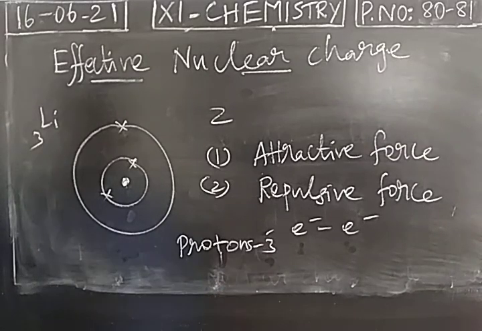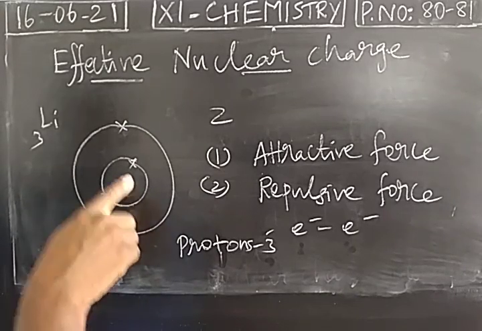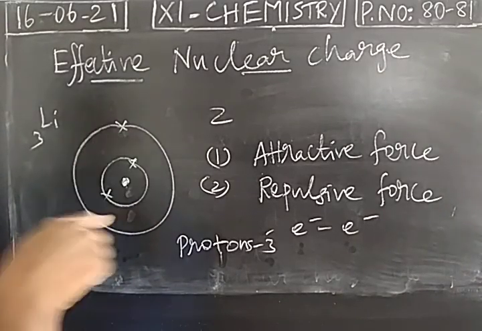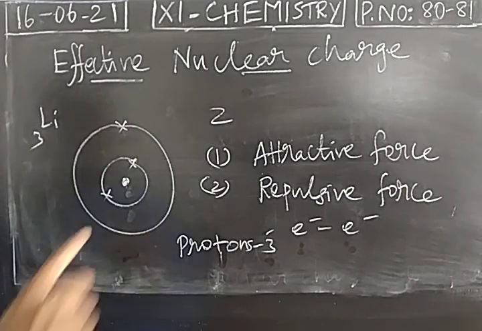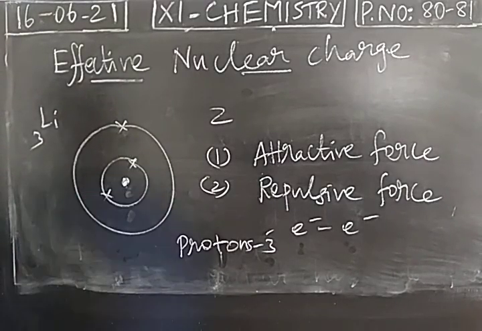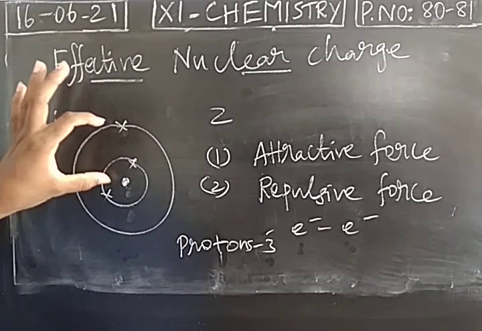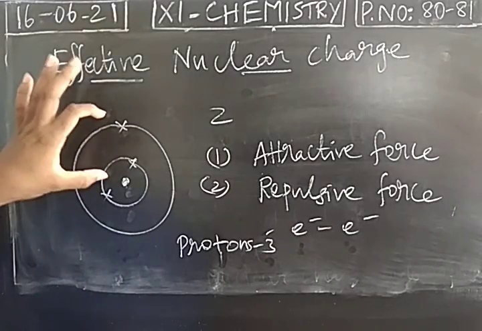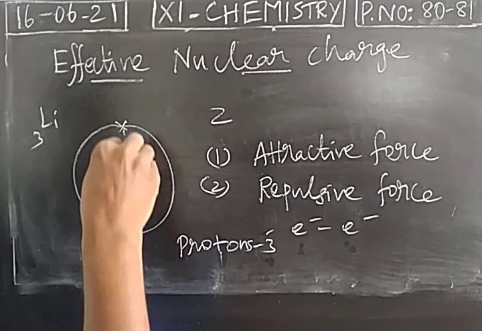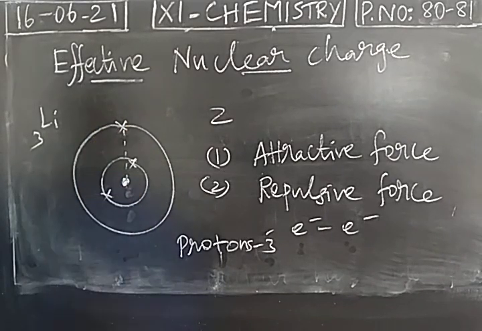So nuclear charge is 3. The protons have an attraction with all the 3 electrons. Protons in the nucleus will attract electrons in the first cell as well as the electron in the second cell. We consider only the attraction between the nucleus and the valence electron, and this attraction is disturbed by inner electrons, isn't it?